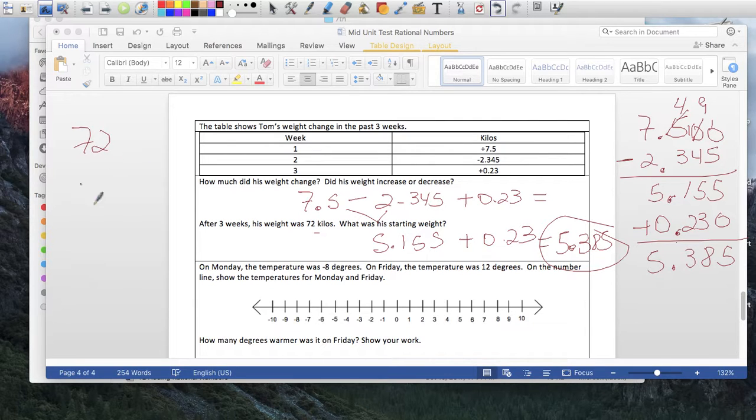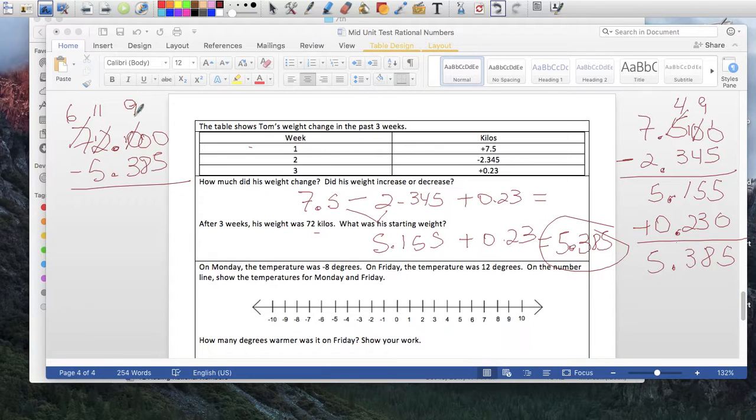Okay, after 3 weeks. So what was his weight in week 1? So we can do 72. There's no decimal, so put a decimal here. 0 minus 5.385. Add a 0 and a 0. We're going to do a lot of borrowing here. So 7 becomes a 6, 12, 11.